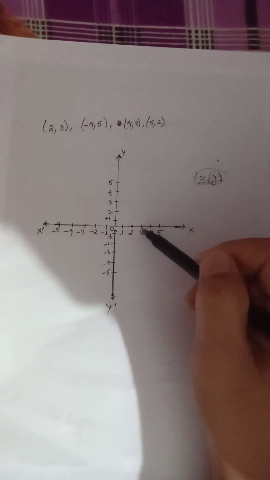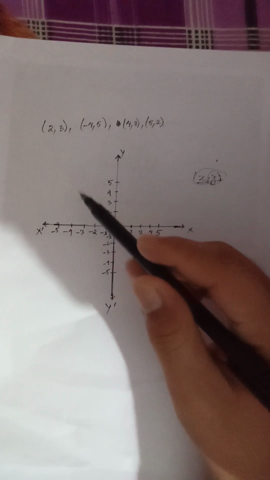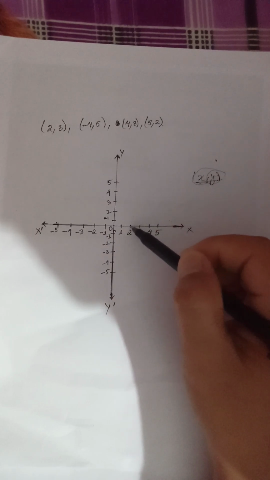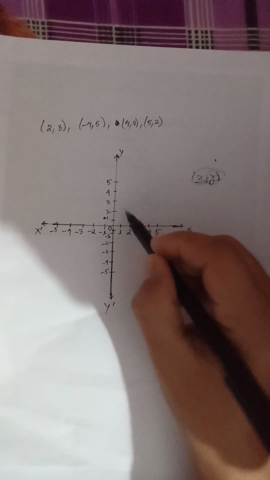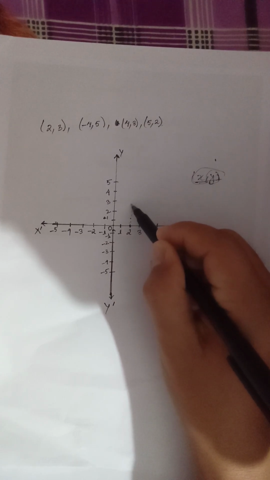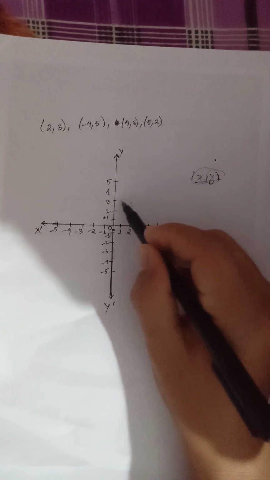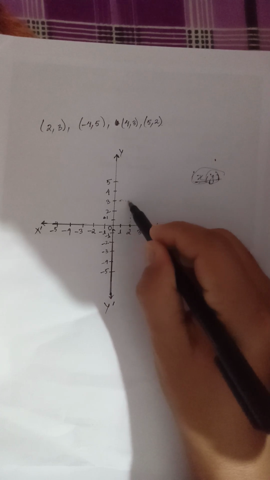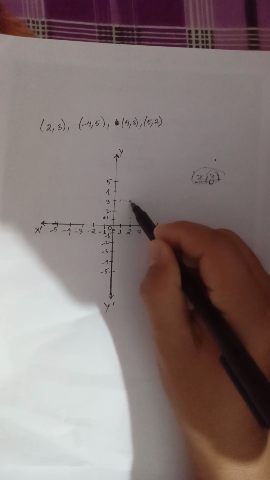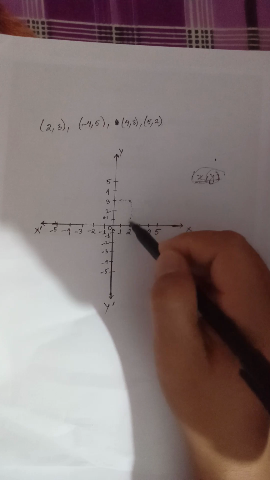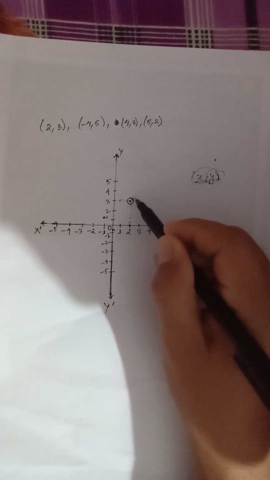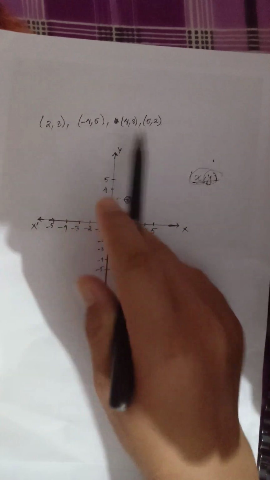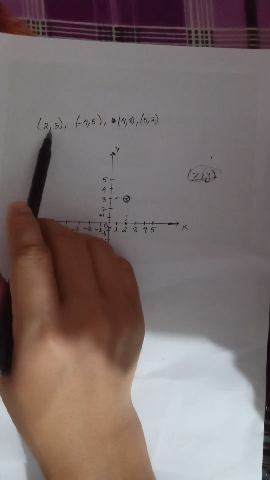The first point we have, as we can see, is 2. And secondly, it is 3. Just mark it with a dotted line, and here too you have to mark it, and check the point where these two meet each other.